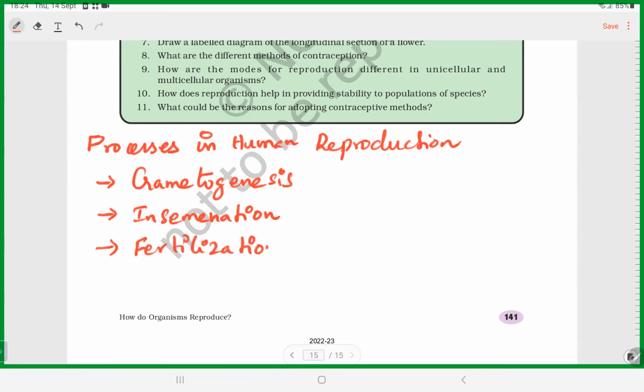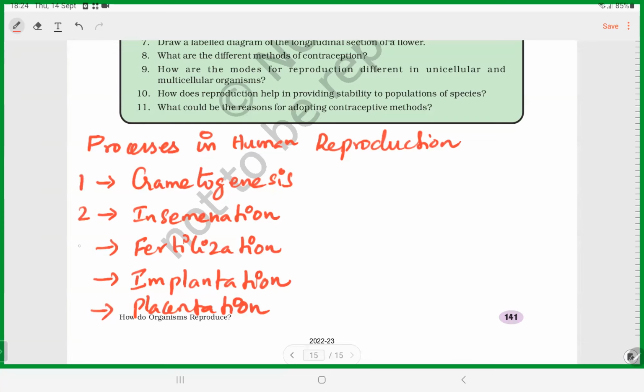Third one, fertilization. Fourth one, implantation. Fifth one, placenta formation. Sixth one, organogenesis.